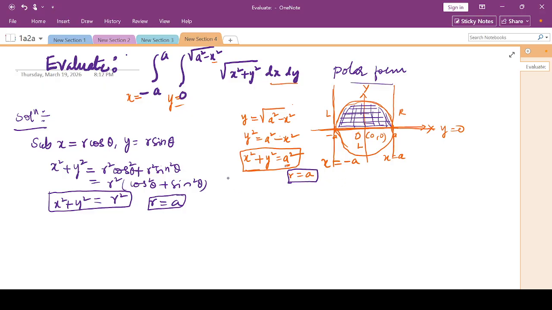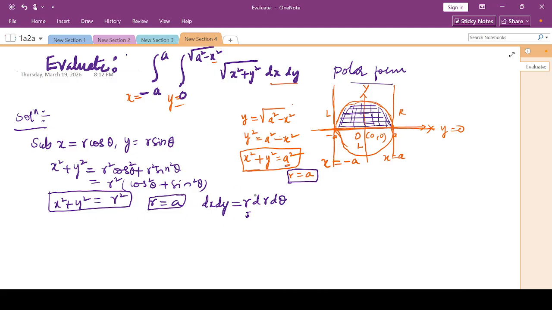Then, we convert x equal to r cos theta, y equal to r sin theta, x square plus y square equal to r square, and we need to substitute dx dy as r dr d theta. This is the Jacobian into dr d theta, and the Jacobian value you get is r.